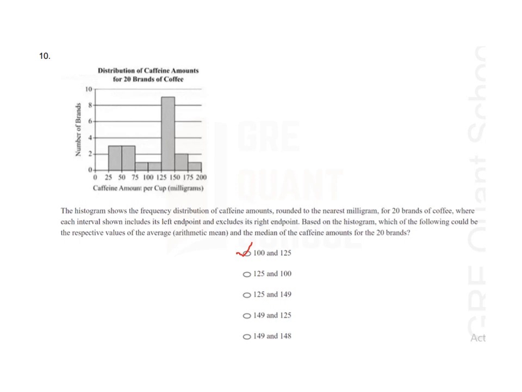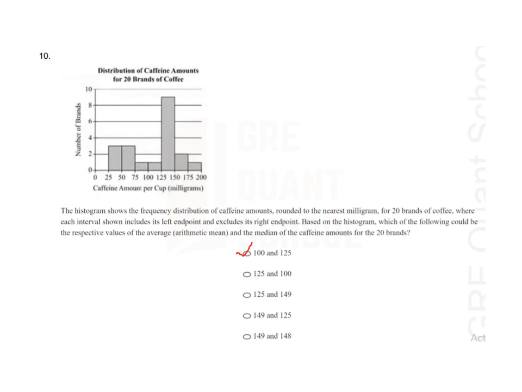For example, for the interval 25 to 50, the interval is actually 25 to 49, because 50 is excluded. Similarly, it's true for other intervals.